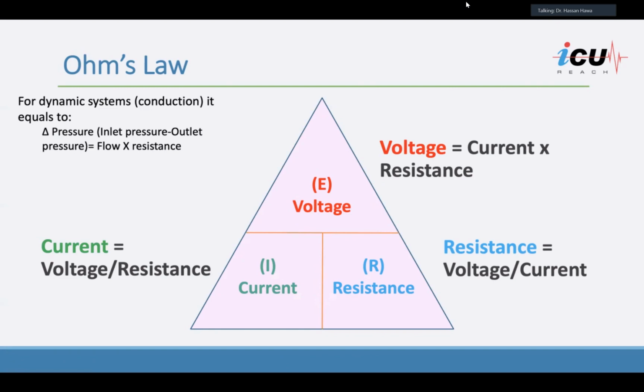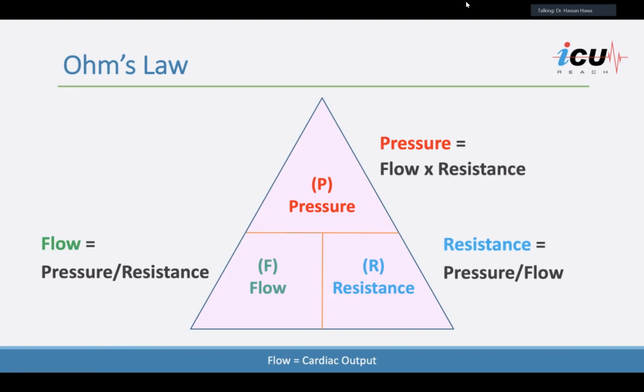So if we swap the voltage with the pressure, the current with the flow, and keep the resistance as it is, then we will end up with pressure equals flow times resistance, and flow equals pressure divided by resistance, and on the other side, resistance equals pressure divided by flow. And to make it more relevant to the human body, let's replace the word flow with cardiac output. And here we have cardiac output equals the pressure divided by resistance.